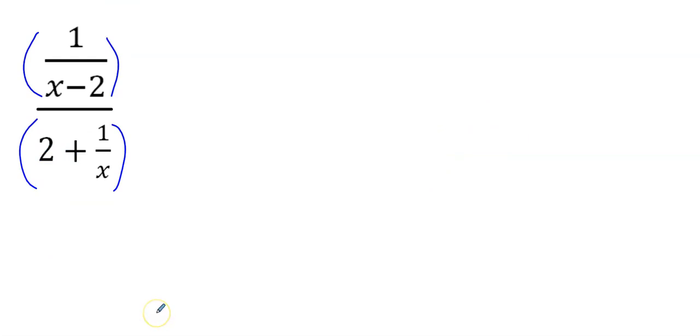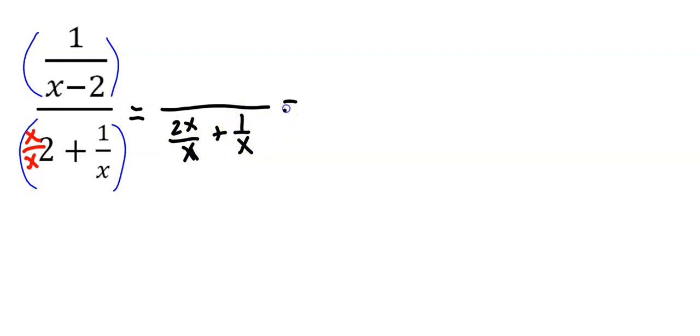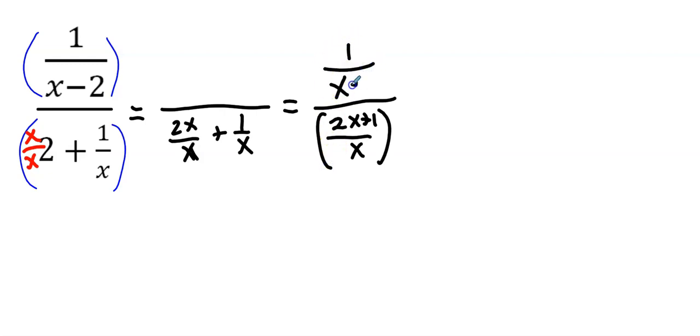So if you did that on this one, the LCM would be the quantity x minus 2 times x. You have a choice here, really, you could just multiply this one by x over x. So if you do that, in the denominator, you now have 2x over x plus 1 over x. So in the denominator, you have just one fraction: 2x plus 1 over x, which is actually not bad now because our numerator was 1 over x minus 2.